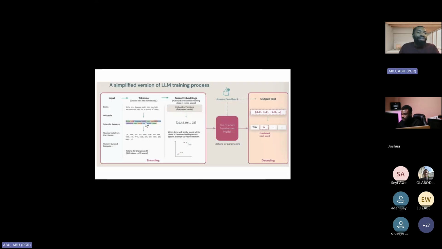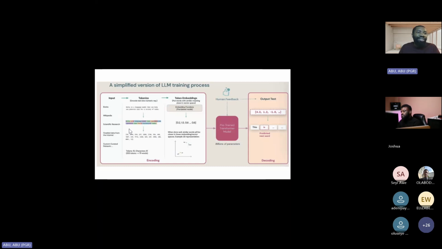So a very simplified view of what goes on in your large language model. You have your inputs, and then it's tokenized, right? And then you now have token embeddings on top of that, right? So all of this goes into what we call the encoder. Because LLM uses what we call generative AI, we have the encoder and then the decoder.